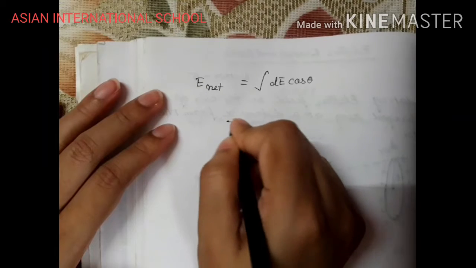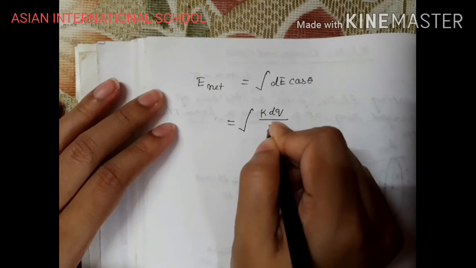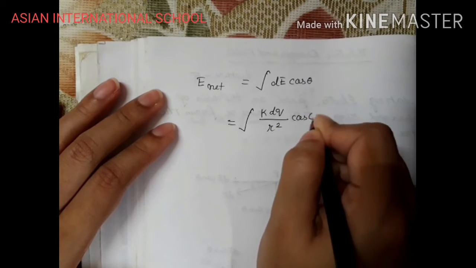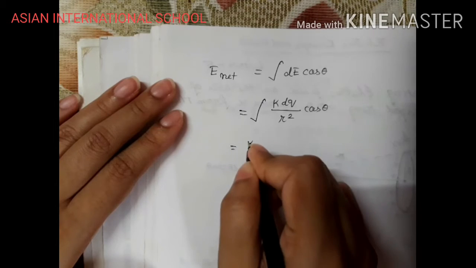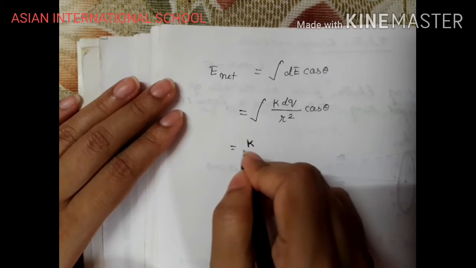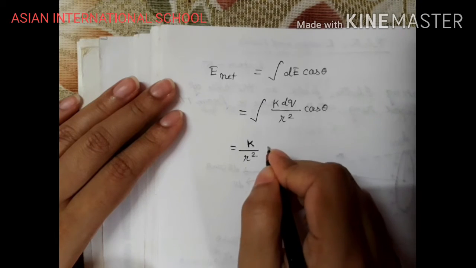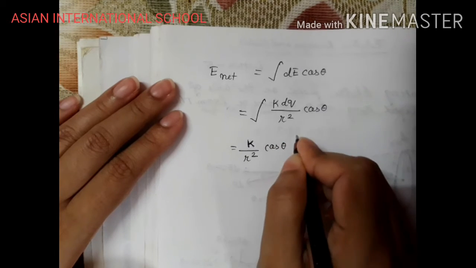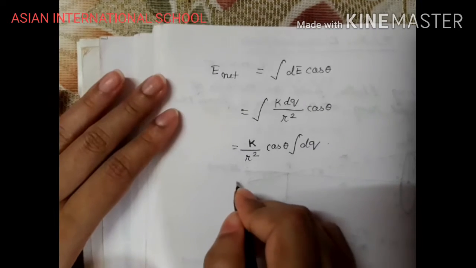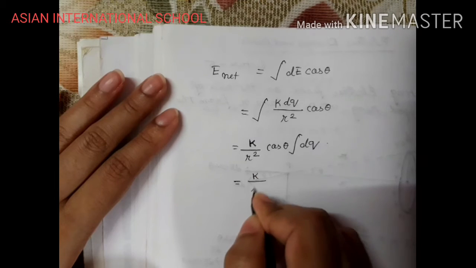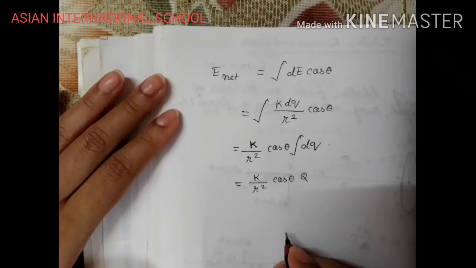Now dE is K dq by r square cos theta. A few constants here: K, Coulomb's constant, comes out. R square, the separation, comes out of the integration. Theta, the angle, is constant. Only dq needs to be integrated. So what will I get? K by r square cos theta times the total charge q.